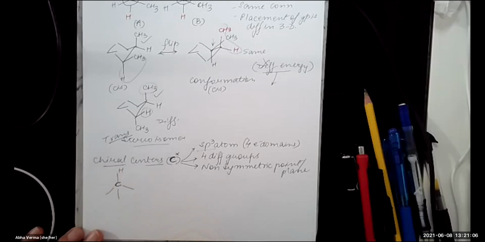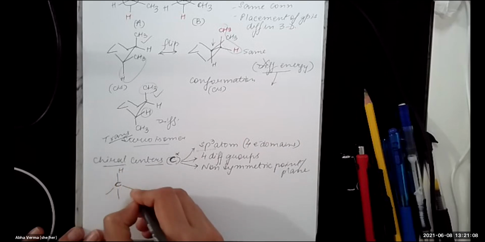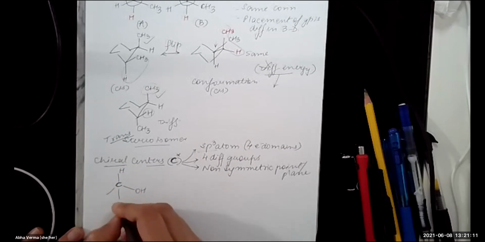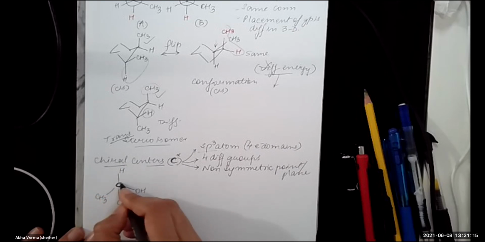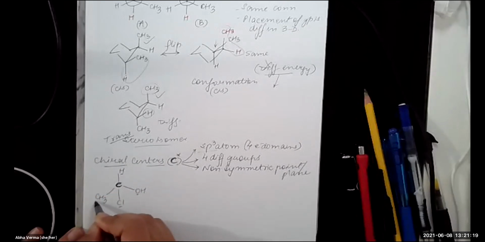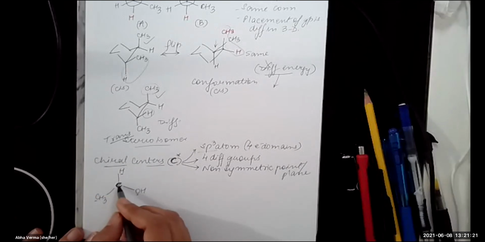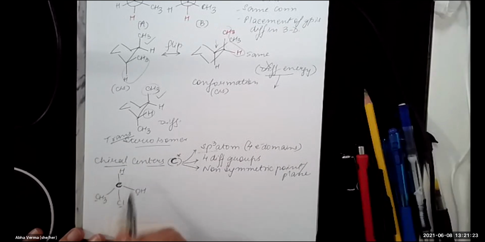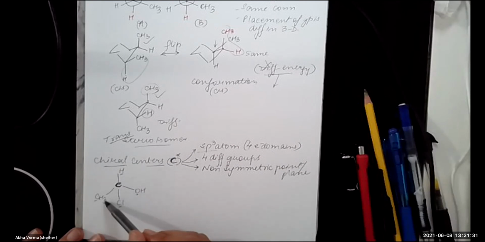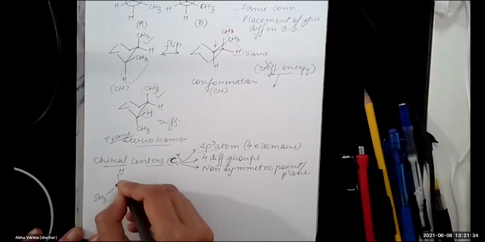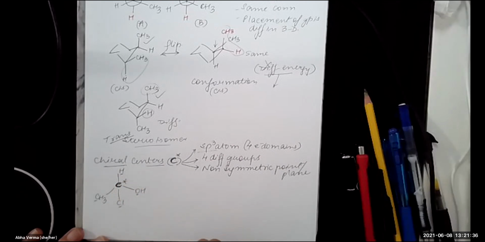This carbon has a hydrogen, an OH, a Cl, and a CH3. When you look at a carbon, look at the atom directly attached to your carbon of interest. All of these are different groups. This carbon is sp3, it has 4 different groups, there is no point of symmetry. This carbon is chiral.